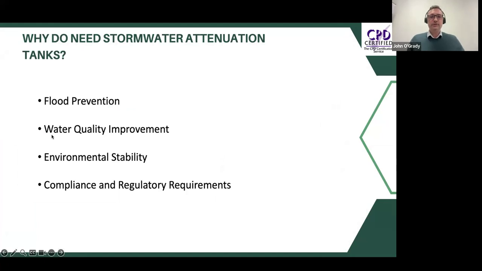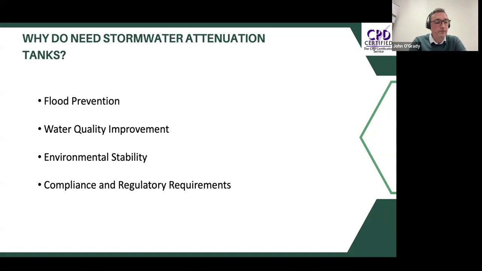So the question is, why do we need stormwater attenuation tanks? And there are sort of four things that we can look at. The primary purpose is really mitigating flood risk. As urbanization and places develop, you can see in Ireland at the moment, we have a housing crisis, there's plenty of activity, but also commercial projects and infrastructure are happening.